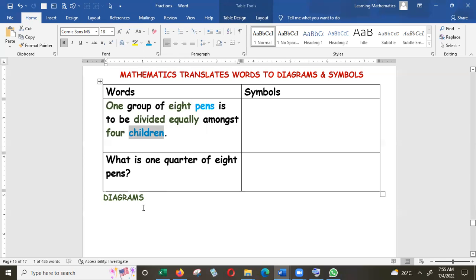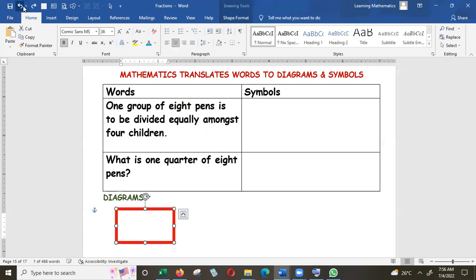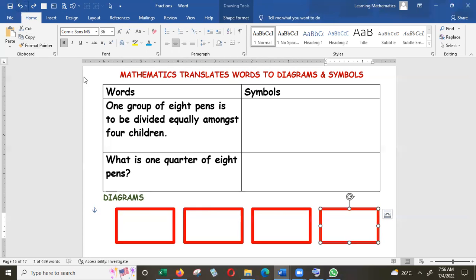Since we have 4 children, we can use diagrams for the 4 children. So we have 1 child represented by a rectangular box. 2, 3, 4 children can be represented by a box.